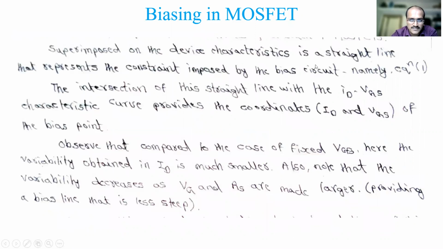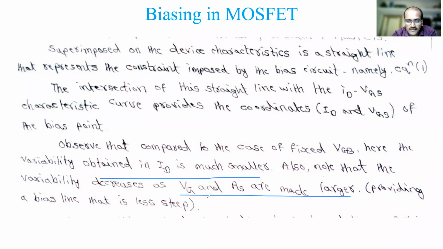Superimposed on the device characteristics is a straight line that represents the constraint imposed by the bias circuit, namely equation 1, the first equation we considered. The intersection of the straight line with the ID-VGS characteristic curve provides the coordinates ID and VGS of the bias point. Compared to the case of fixed VGS, the previous diagram, the variability obtained in ID is much smaller. Also note that the variability decreases as VG and RS are made larger.